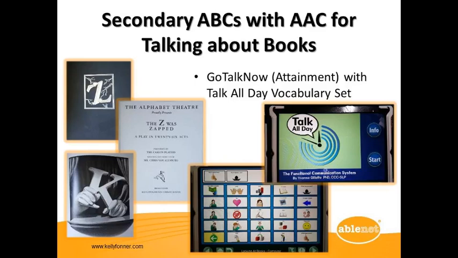The K was kidnapped. So each letter has an action that it's doing that starts with that letter. The Z was zapped. Those kinds of things, and it has that performance of that letter. And what I've seen some people do in their classrooms is have students rewrite this book, so that you have these extension activities that you can do.